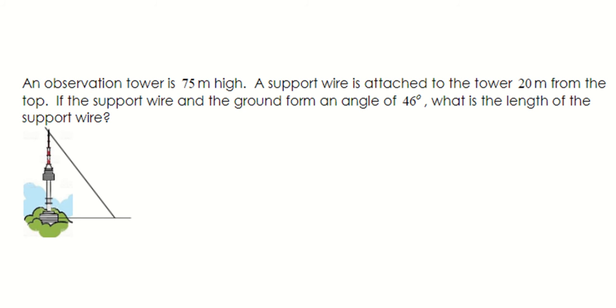Moving on to our third of 4. An observation tower is 75 meters high. So the height of this tower is 75. The support wire attached to the tower 20 meters from the top, if the support wire and the ground form an angle of 46 degrees.